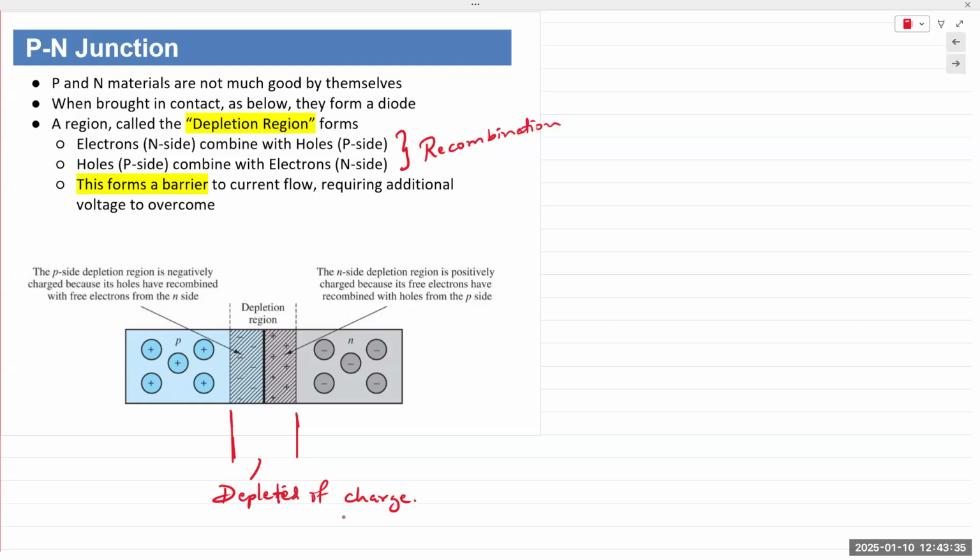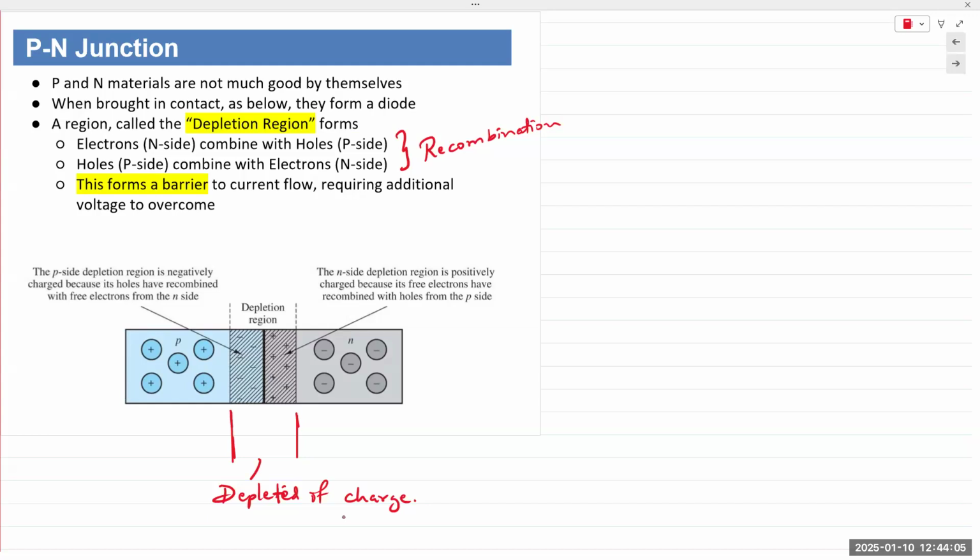There's quite a few more things that happen here. Just giving you a little bit more information. There's an electric field that is generated. That electric field gives rise to a voltage that is opposite of the polarity of the p-type and n-type semiconductor, and it reaches a level of charge neutrality.